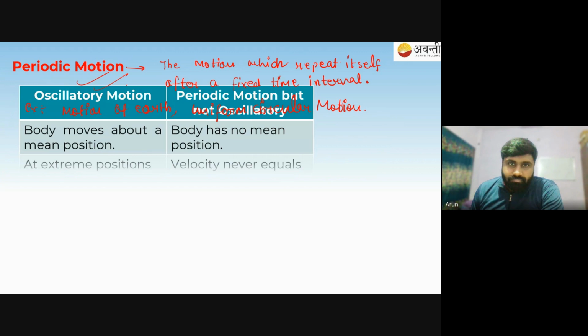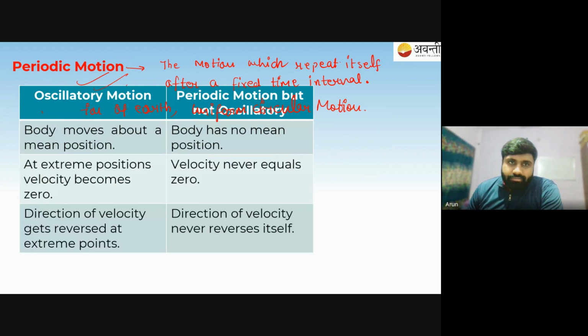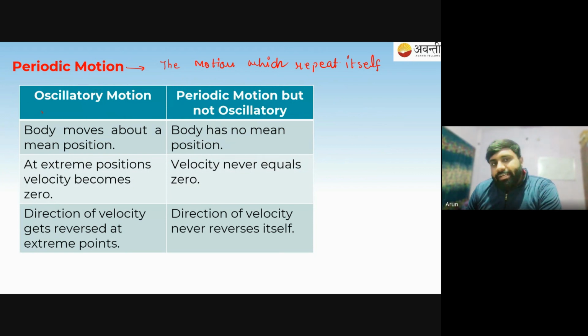Now you can see here the main difference between circular and oscillatory motion. So what is oscillatory motion? Oscillatory motion is also a kind of repeated motion, but it is bound with some point, and that point is termed as the mean position.